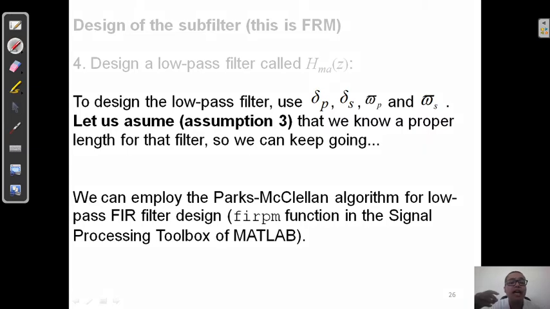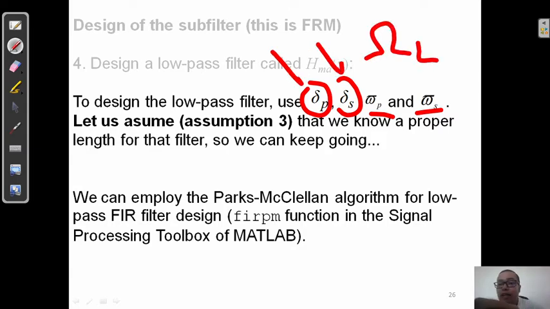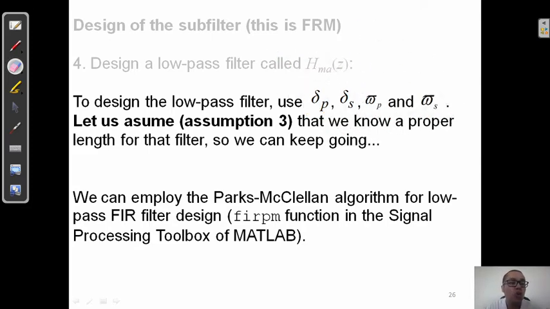To design the low-pass filter, we use delta P, delta S, and these two other letters whose name I don't know. With those we can compute a proper length for that filter. But we don't know this one because it depends on omega L. So let us assume that we know the length of that filter.